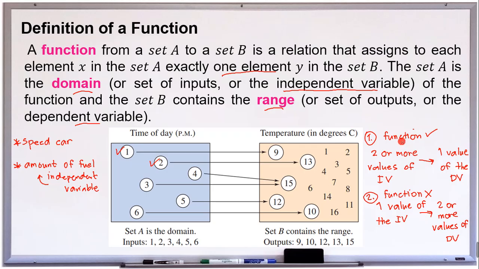Now to summarize this, if you have a many to one relation, this is a function. But if you have a one to many relation, this is not a function.